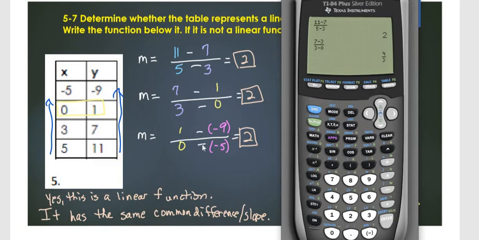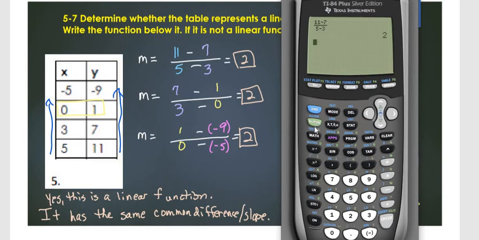I'm going to have to put each one of these points in to check to see if it has the same slope. I'm going to go to alpha y equals, hit enter, and put in 11 minus 7 over 5 minus 3.